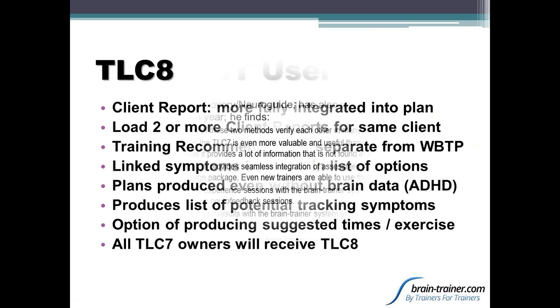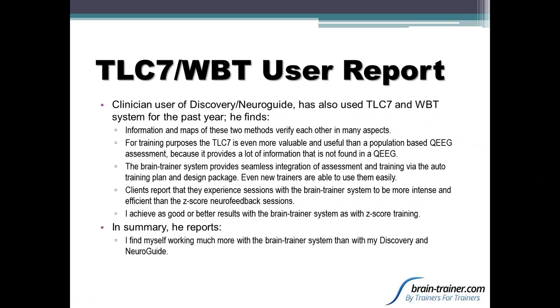Last thing real quickly, this is something that was sent to us a couple of weeks ago by a user in Europe who has been using Discovery in the NeuroGuide for a while and has been using the TLC7 in whole brain training over the past year. And he's basically saying that what he's getting in terms of information from the two is very, very consistent.